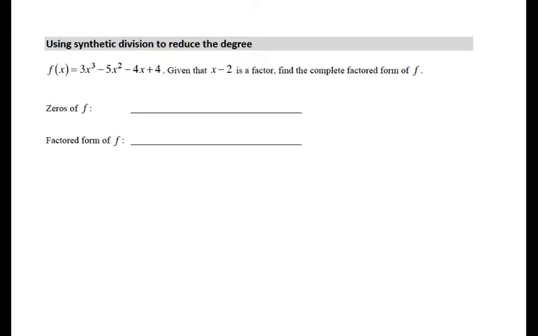So what we're looking at with this question is the next step. We're saying given that x minus 2 is a factor, so let's say we've already established that part, we're going to find the complete factored form of f, and looking at this function f, we can see that it's a degree 3 polynomial. We really don't have traditional high school factoring methods that will apply to this.